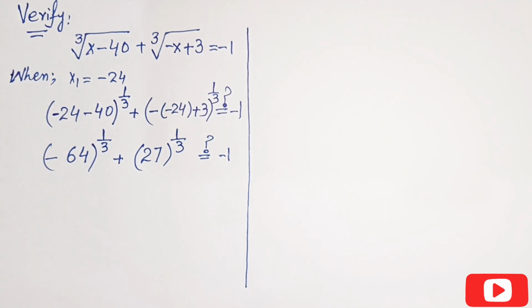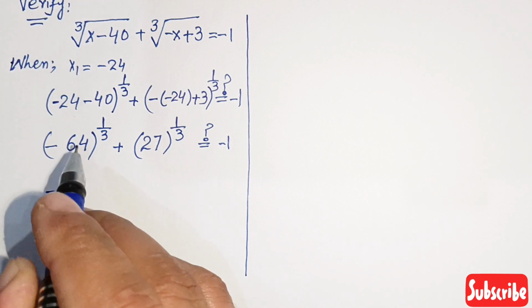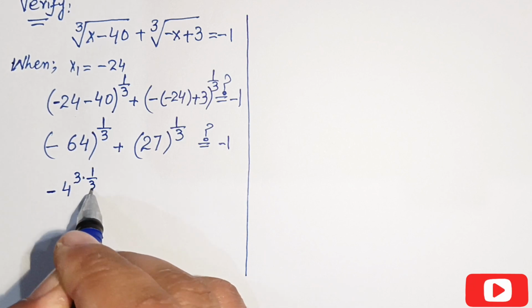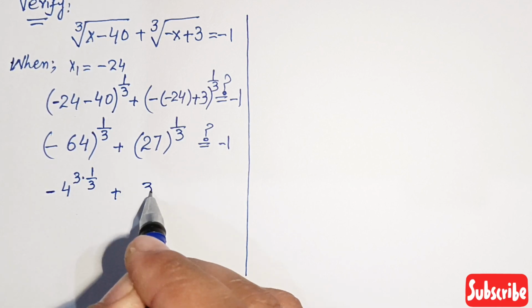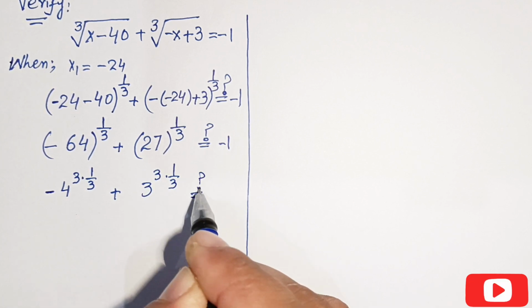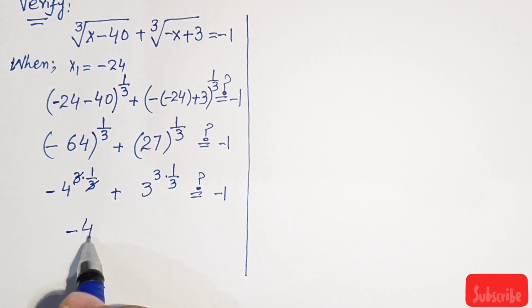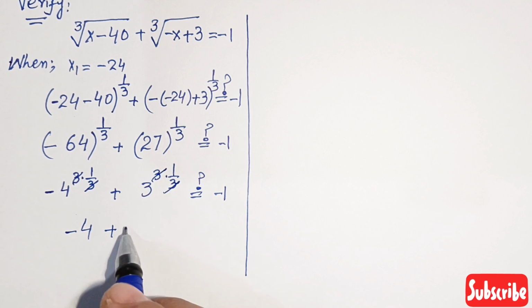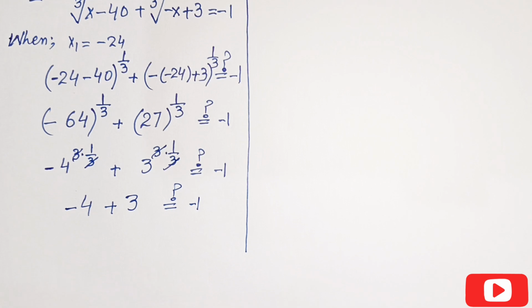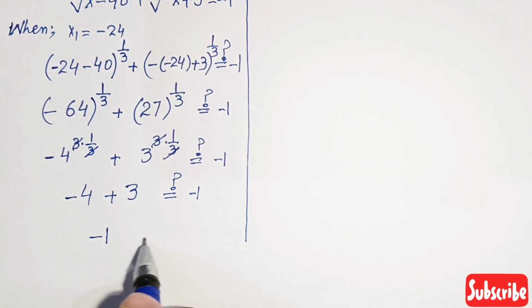Now, our next step is here. This minus 64 can also be written as minus 4 cubed, whole to the power 1 over 3, plus 27 is written as 3 cubed, whole to the power 1 over 3. Is it equal to minus 1? Now cancelling 3 with 3 we get minus 4, and here cancelling 3 with 3 we get plus 3. So yes, it is equal to minus 1 because minus 4 plus 3 is equal to minus 1.